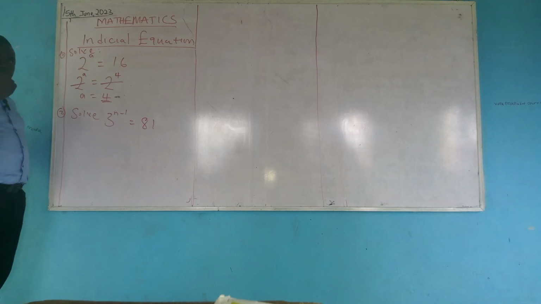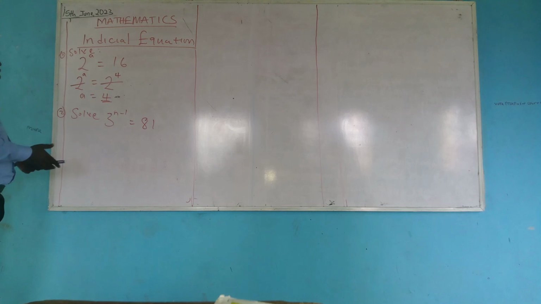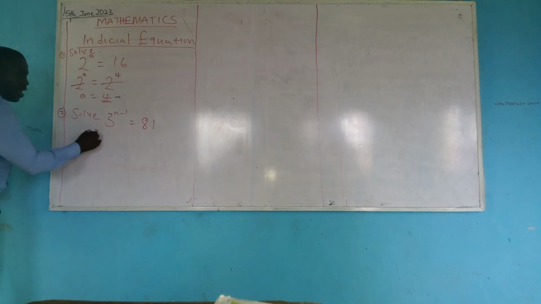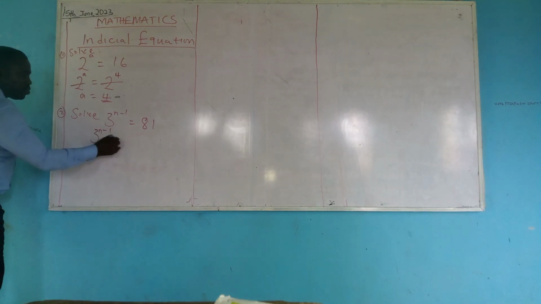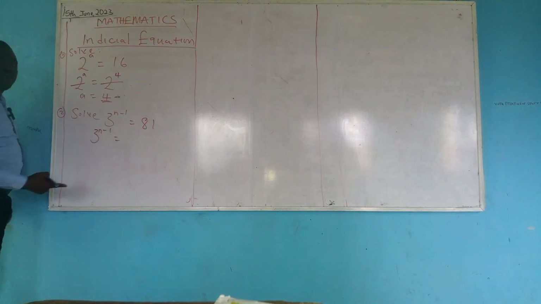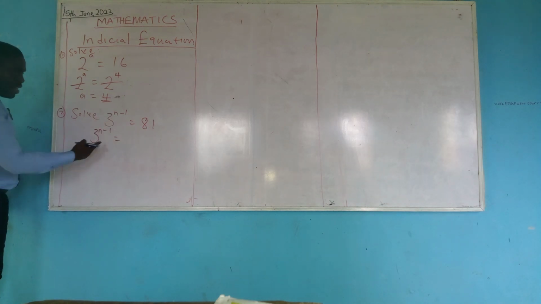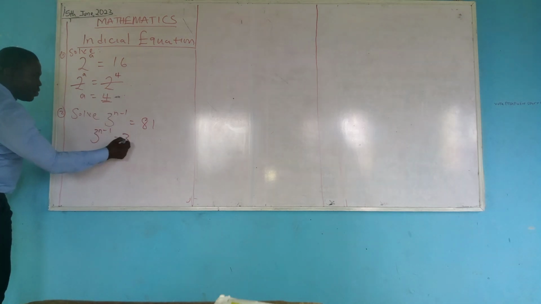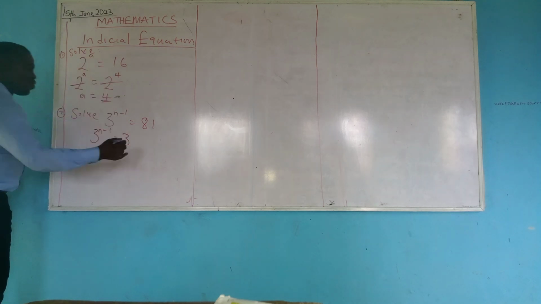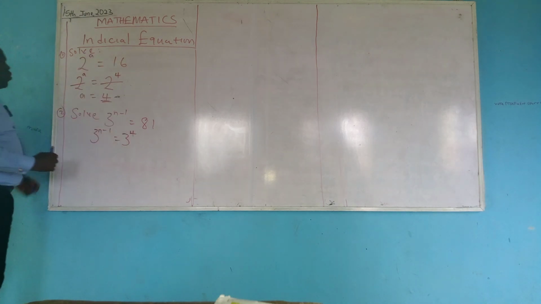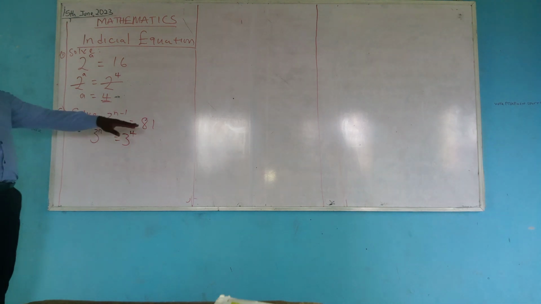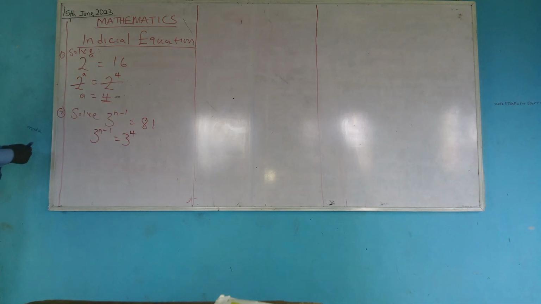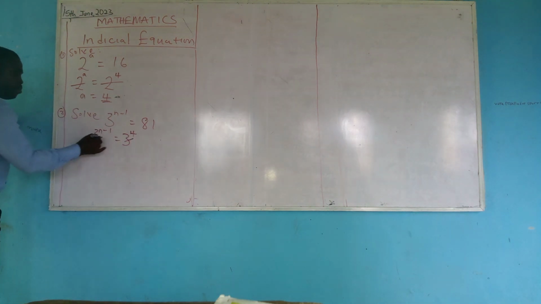So I begin to rack my brain. I know I can't raise this to the power of 2, but I can raise it to the power of 3. 3 raised to power what now? 3 times 3 times 3 times 3, so that's going to be 4. And so 3 raised to power 4 is the same thing as 81. Then I can easily cancel my base.